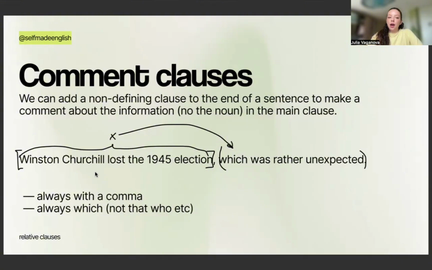So here I marked that we refer to the whole information in the main clause, and the second clause, the subordinate clause, is dependent on the whole information in this main clause, which was rather unexpected. This way, we always use a comma after the main clause, and we always use the word which, not who, whose, whom, but the word which, because we refer to the whole meaning of the previous sentence.